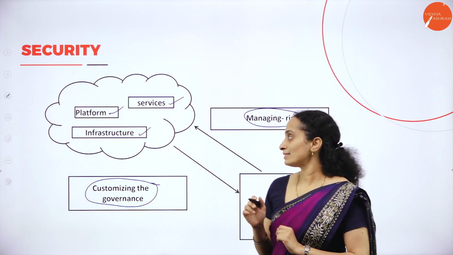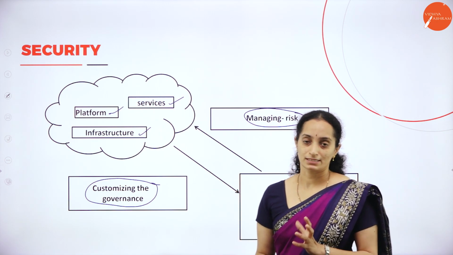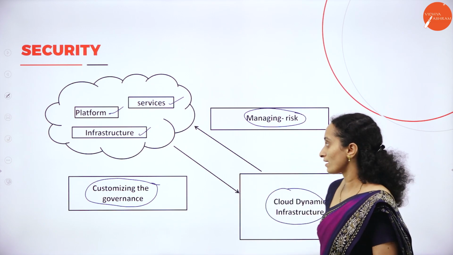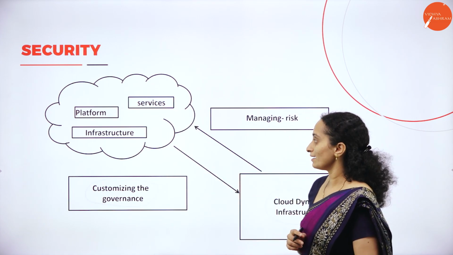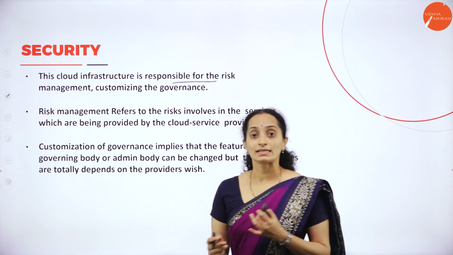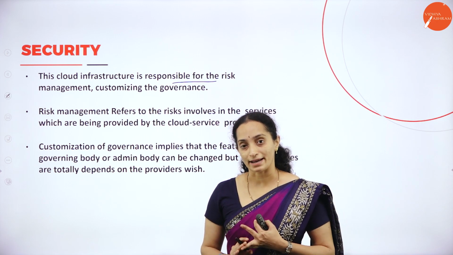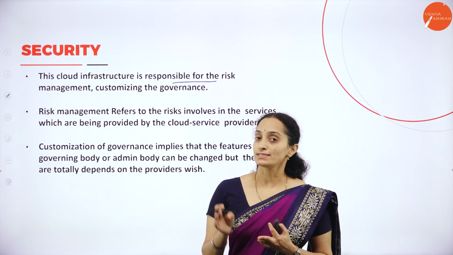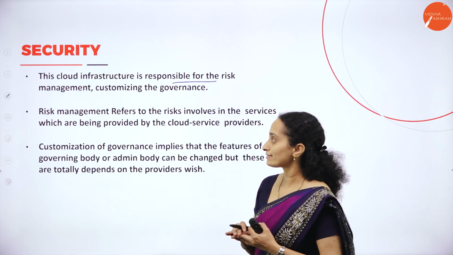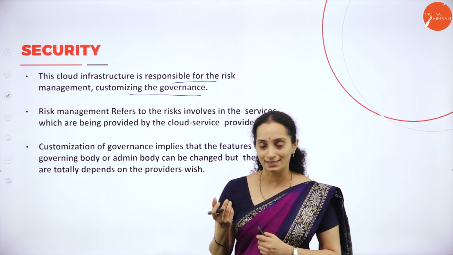So all these things must be taken care of by the dynamic infrastructure of the cloud, which ensures the security of the data. It is responsible for risk management. It has to analyze the risk and try to avoid it, or if anything happens, it must recover all the data and all the services. Apart from that, it has to customize the governance.